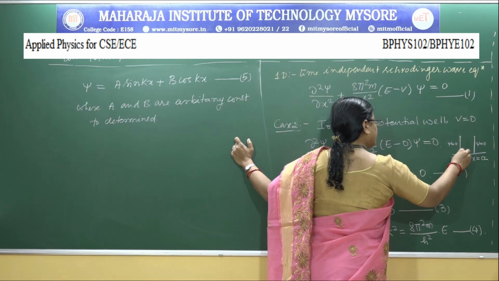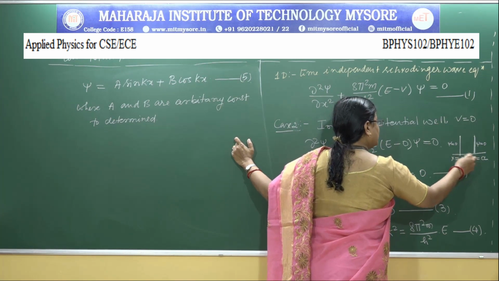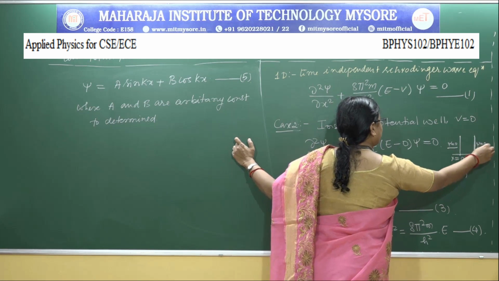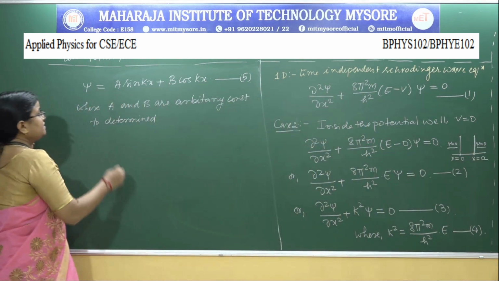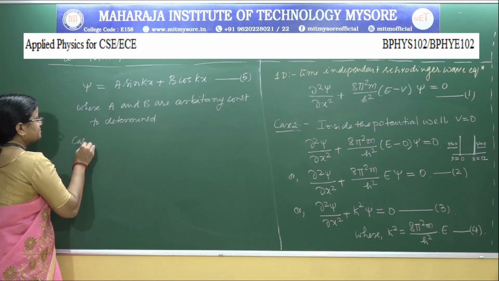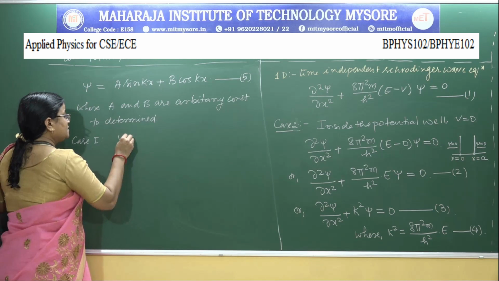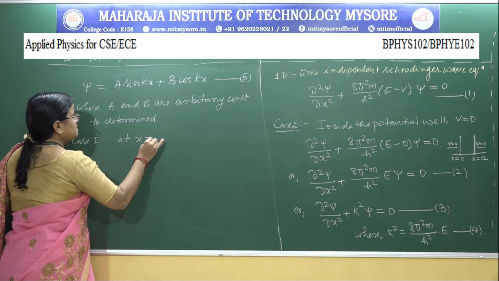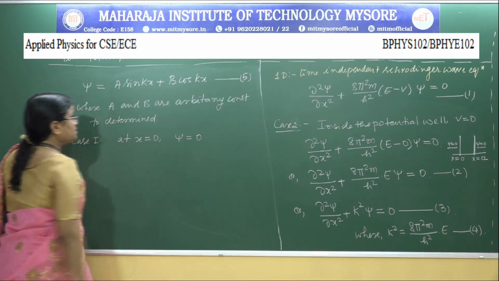So, by the symmetry, on the boundary x = 0 and x = a, ψ will take the value 0. So, we take the first case: at x = 0, ψ = 0.